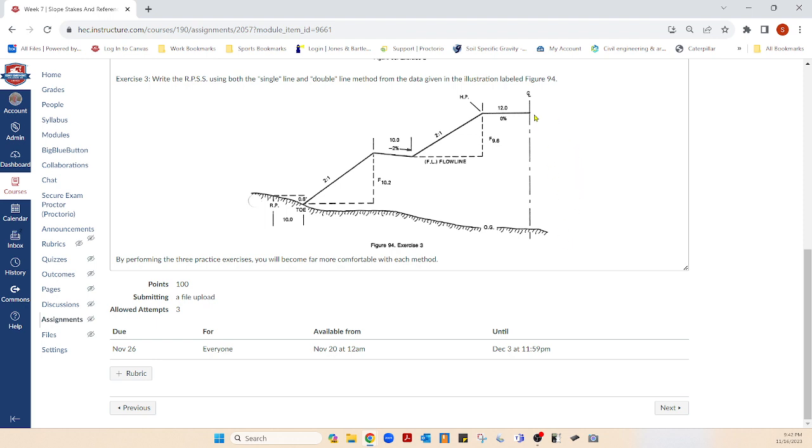Let's do a single line first on this exercise 3. And we're going to start right. Where are we going to start? Here's the reference point, for goodness sakes. Let me see what I want to do here.